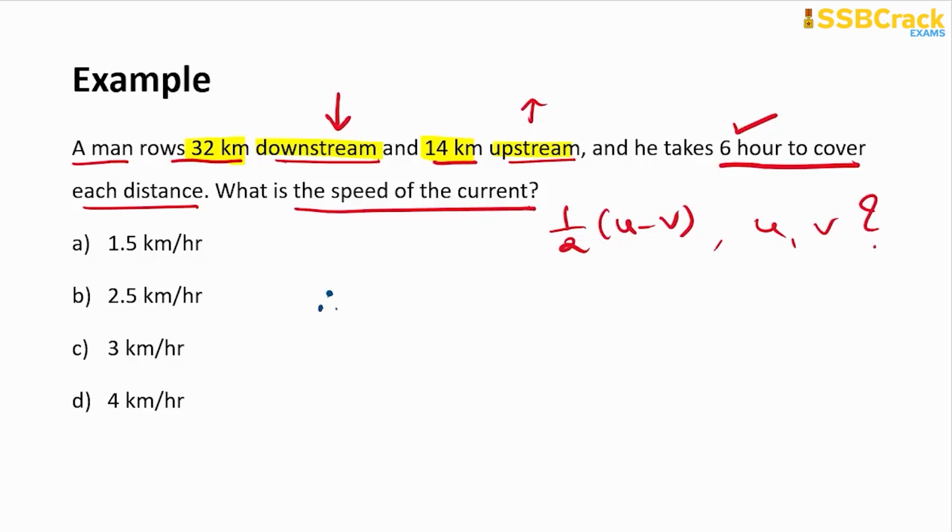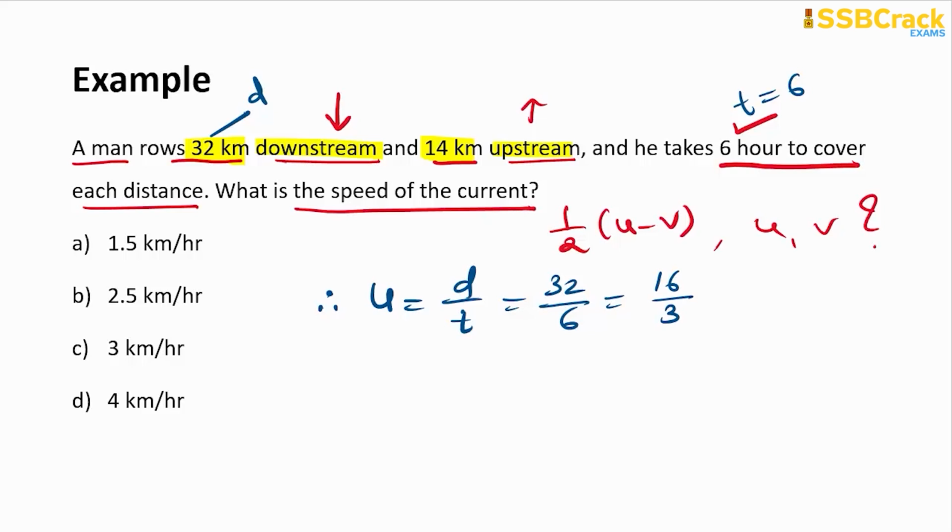So here we first have to calculate u, which is d by t, and d is 32 km, time is 6 hours. So we have 32 by 6, which we get to be 16 by 3 km per hour.